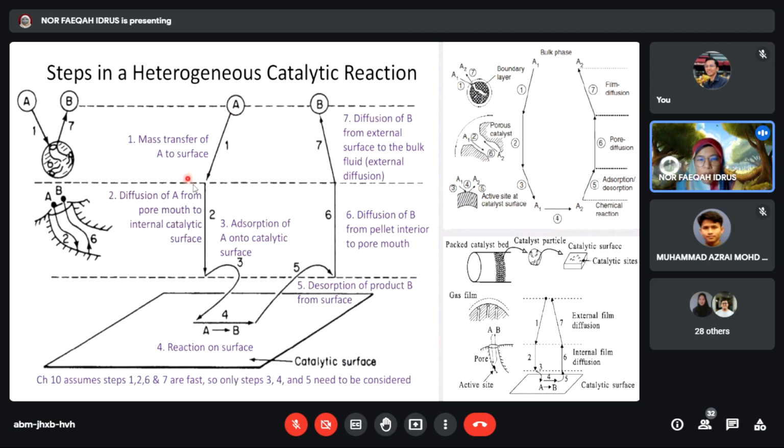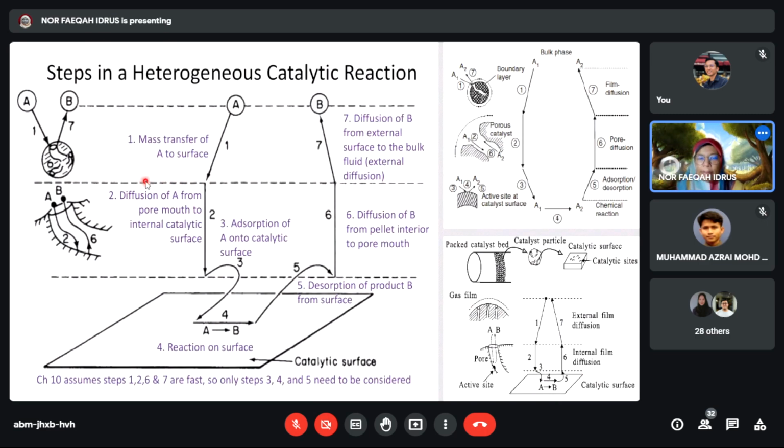This is the pathway of how reactant A transfers to the external surface of the catalyst. It involves mass transfer, or external diffusion, of reactant A to the external surface of the catalyst. Or we can say the mass transfer of reactant A from the bulk fluid to the external surface of the catalyst.